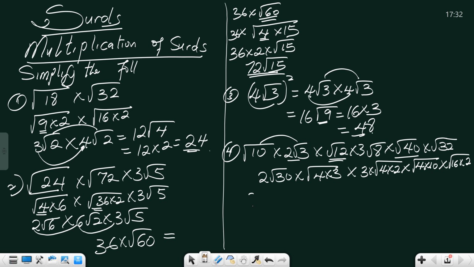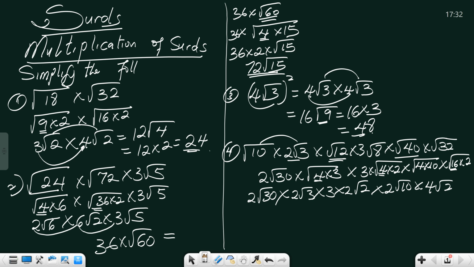So let's go. Here I have 2 root 30 times square root of 4, that's 2 root 3. Okay, times, here is 3 times square root of 4, that is 2 root 2, times this I have 2 root 10 times here I have square root of 16, 4 root 2.